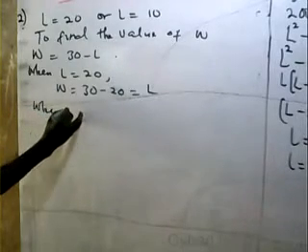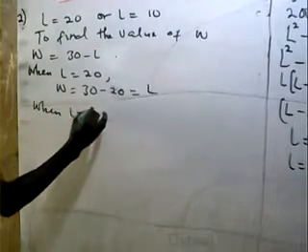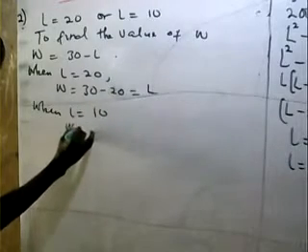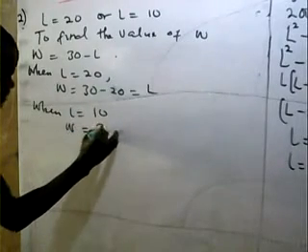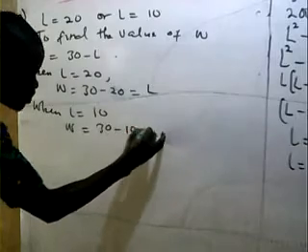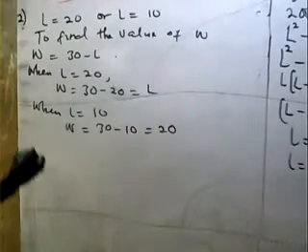And when L equals 10, W will be 30 minus 10, which is 20.